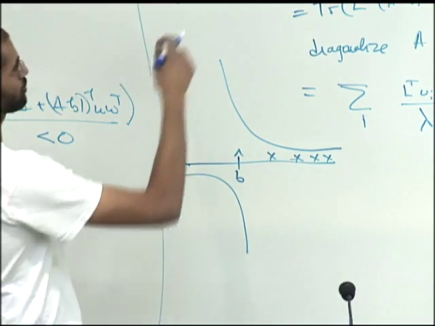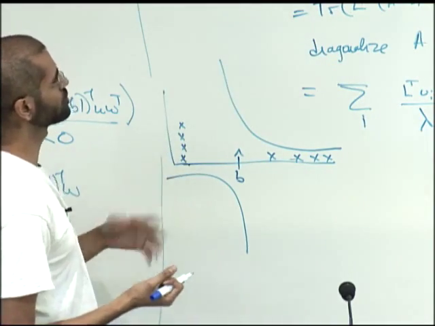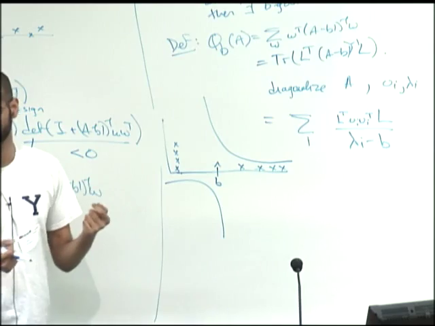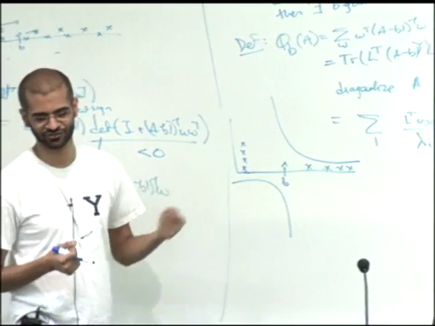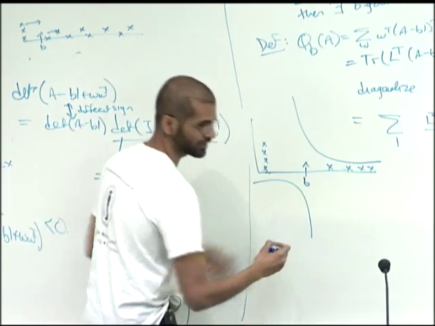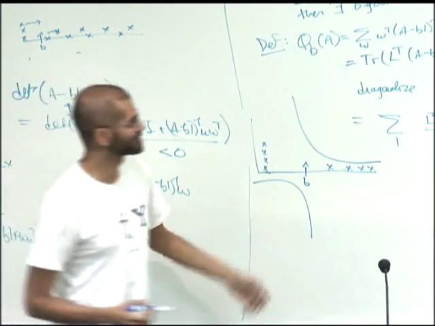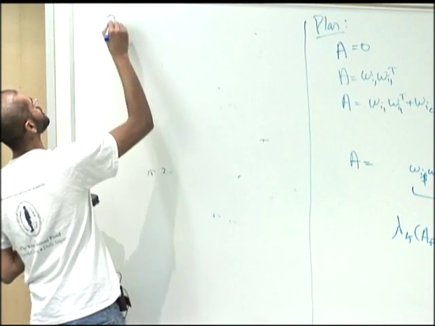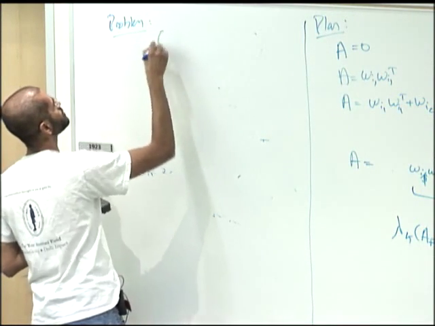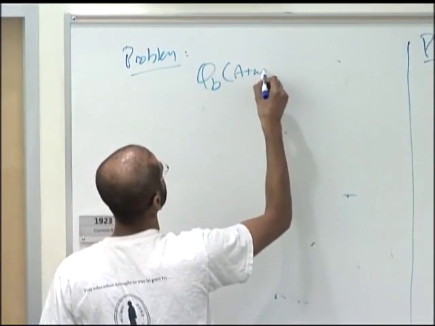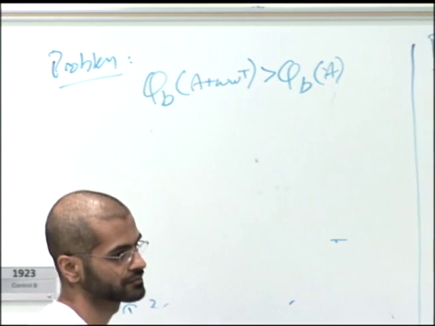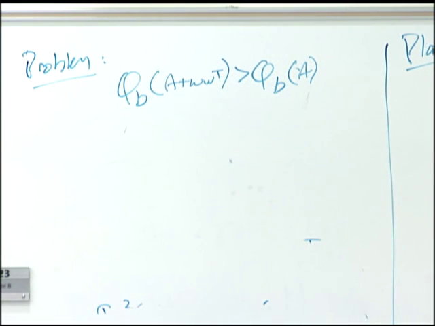So I could think of an argument where I start off with this thing pretty negative, and then I argue that it's negative, so a good vector exists, and then maybe it's still negative, so another good vector exists, and so on. The problem is that the potential of A plus WW transpose is bigger than the potential of A at B. This is easily seen from this picture.